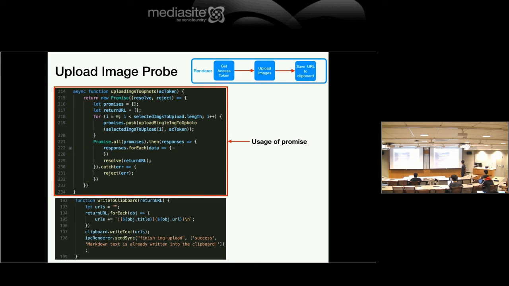Now let's talk a little bit about the promise. A promise is basically a proxy for a value not necessarily known when the promise is created. So you can associate handlers with an asynchronous action's eventual success or failure.